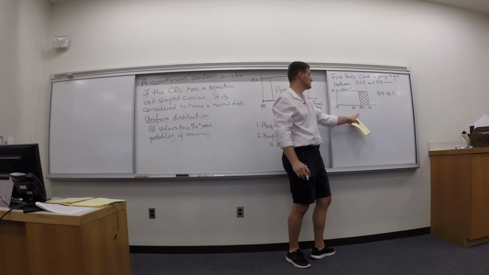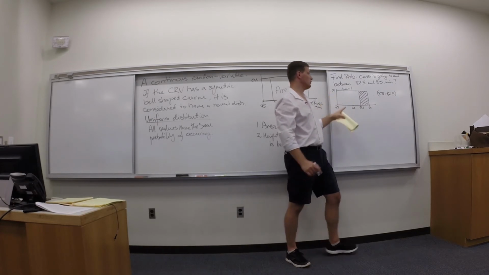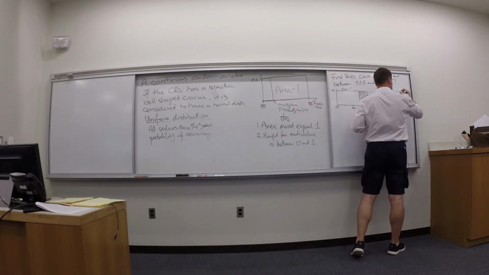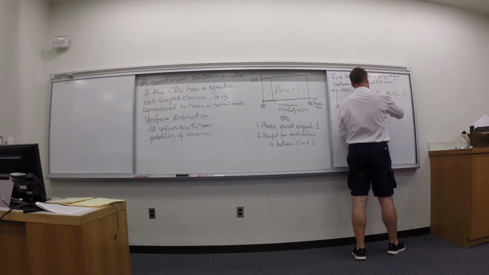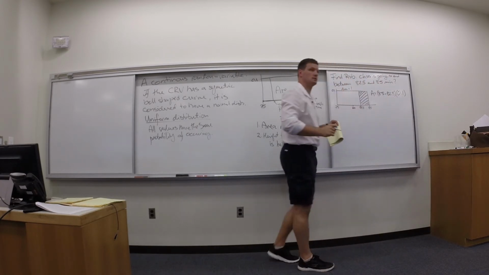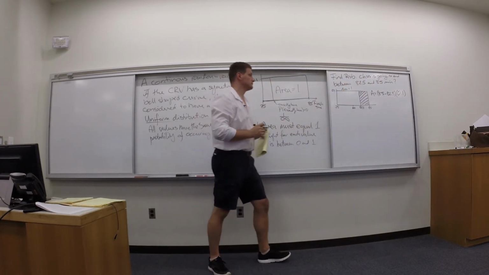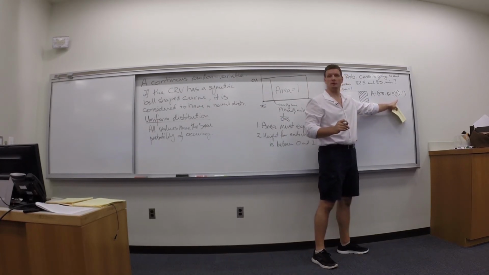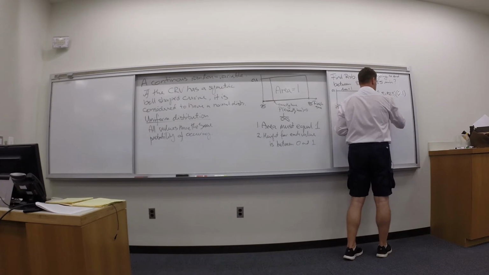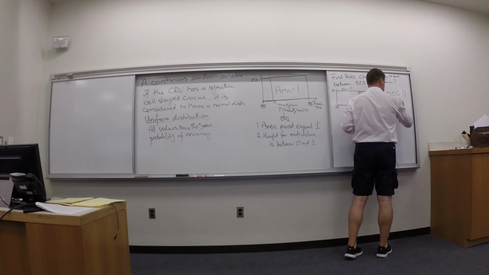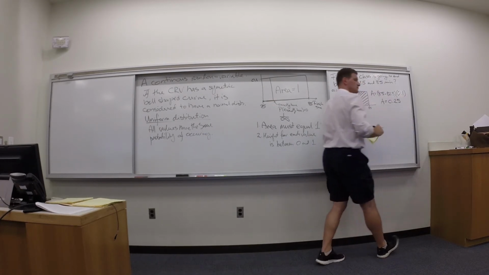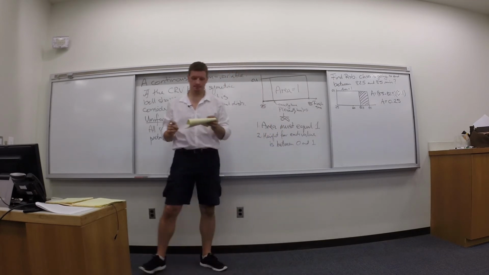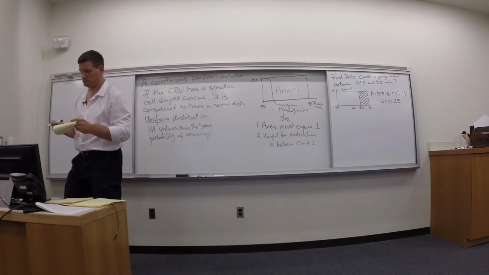And what's the height of the box? 0.1. So that is 2.5 times 0.1, which is 0.25.